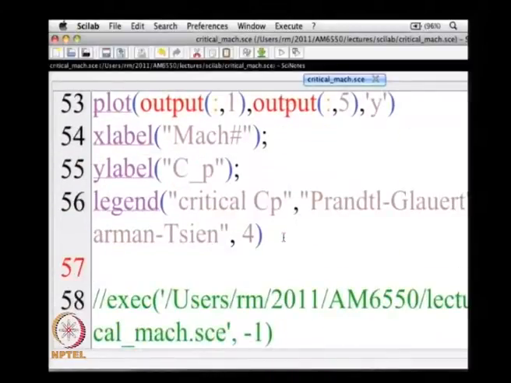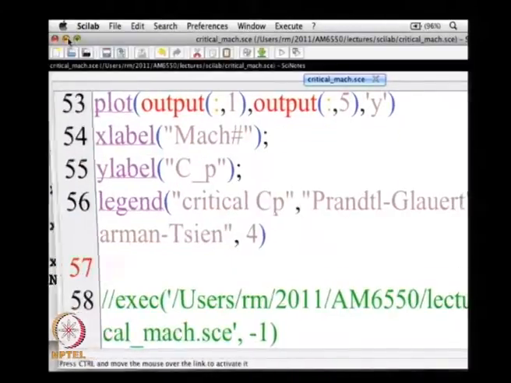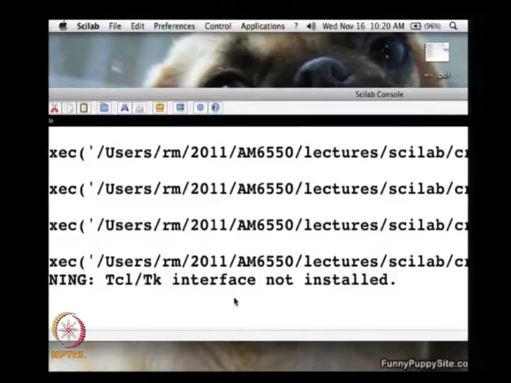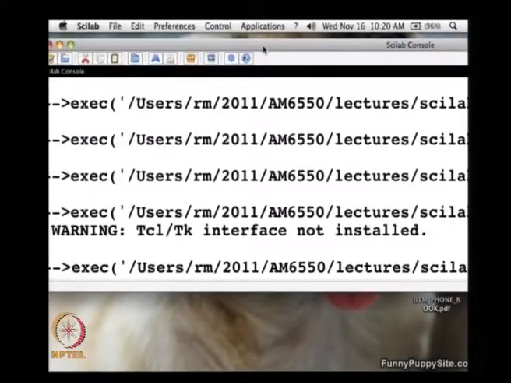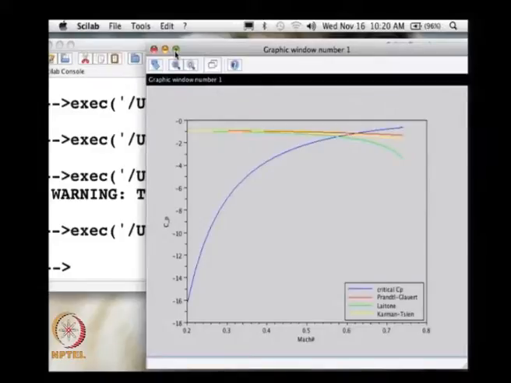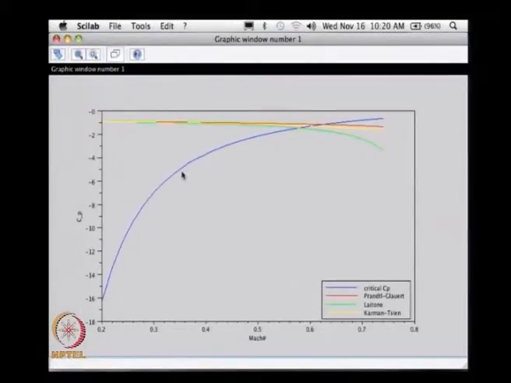Having done that, let us look at the result for this. So this is basically the critical coefficient of pressure, the blue line, which I just calculated, and the red line here is doing the same with the Prandtl-Glauert equation.